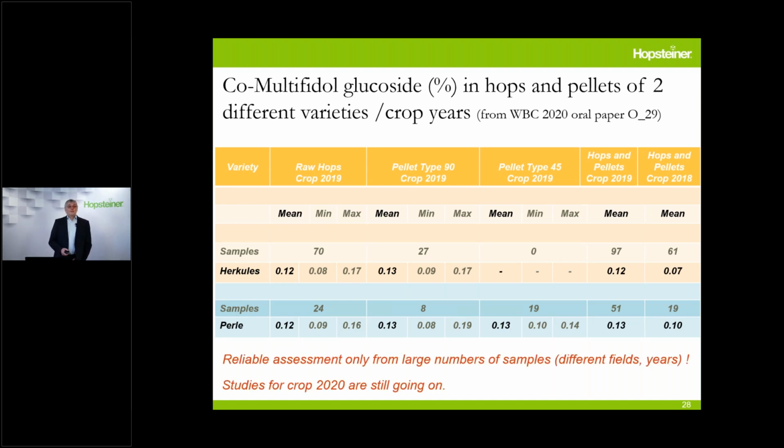This shows us that to get a reliable assessment for these components, which are present in rather low concentration, you really need a large number of samples from different fields and years to give a specification per variety. And we are still busy doing this analysis, and the studies for crop 2020 are still going on.